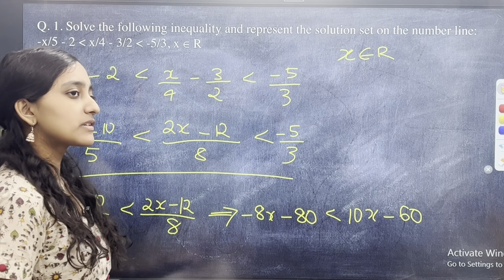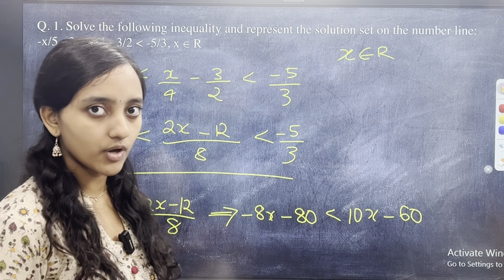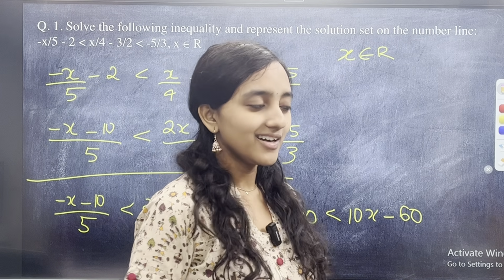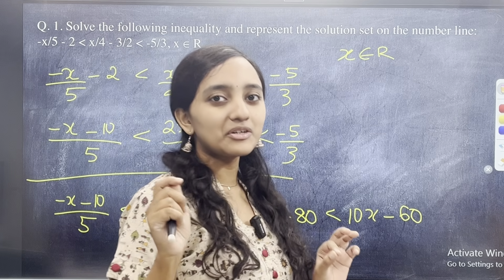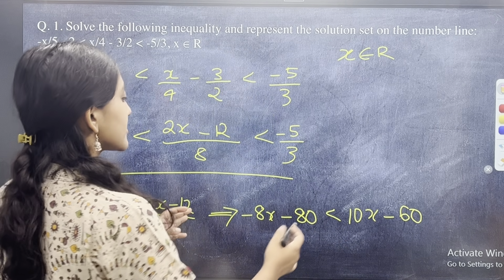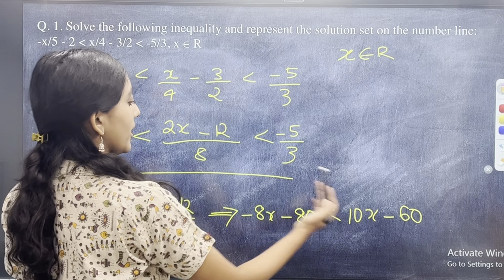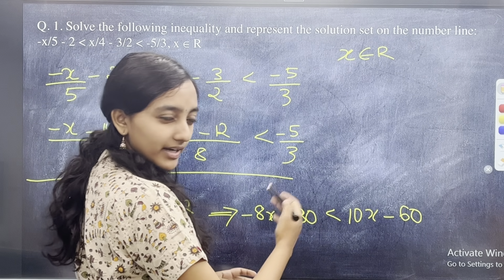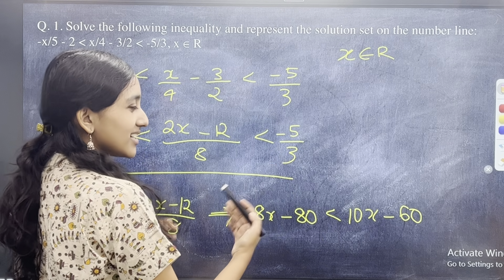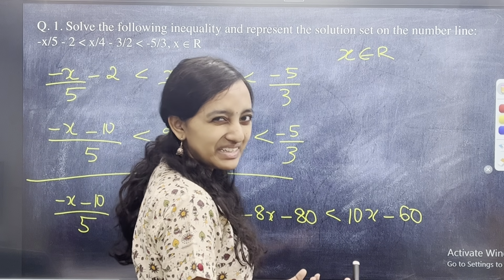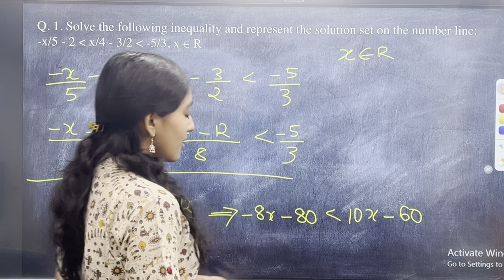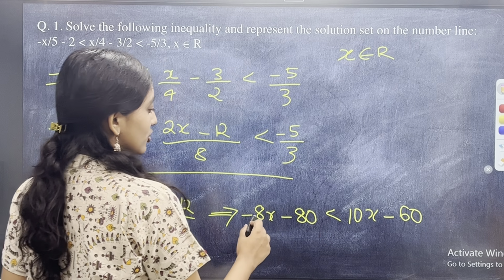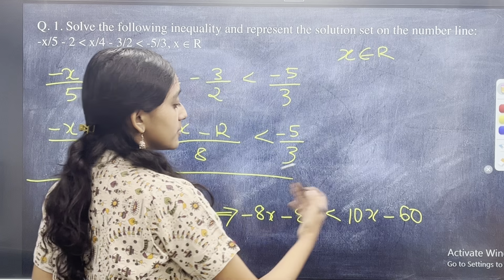I would always prefer it if my x is positive. Okay, that makes me feel better with life. That's something which I also want you to follow. So suppose I bring minus 10x this side, it becomes minus 10x. I mean 10x यहाँ पे है. When you bring it to the other side, it becomes minus 10x. Minus 10x minus 8x is minus 18x. Minus है. Okay, so what we will instead do is that minus 8x here, we will bring it that side.